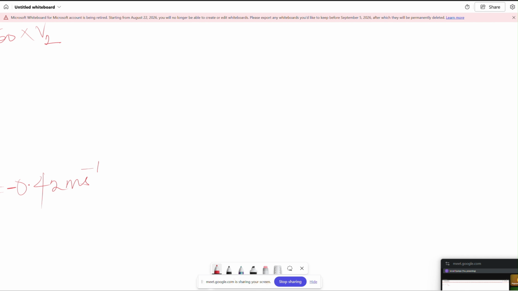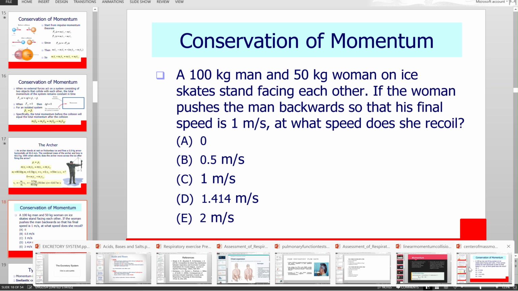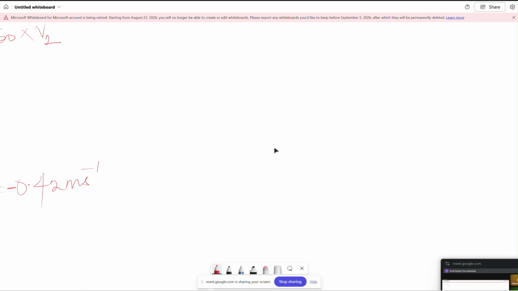So the question: you have a 100 kilogram man and a 50 kilogram woman on ice, standing facing each other. Let's say this is the man here, and this is the woman here.